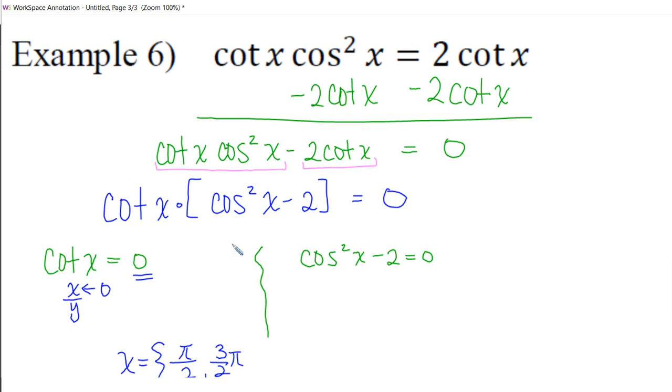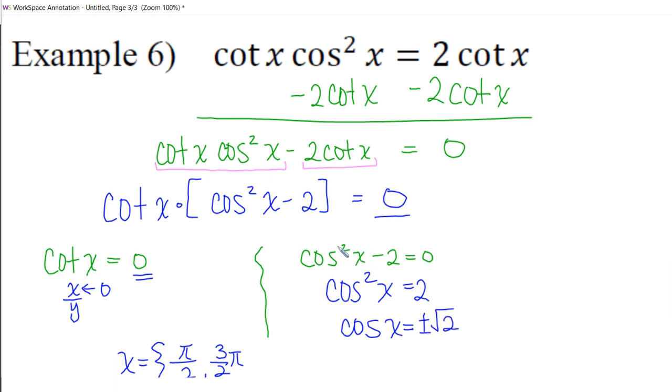Now before I close the bracket, I'm going to check on this side to see if we have any more x's that will give us an answer equivalent to 0. So cosine squared of x equal 2. Now if I square root both sides, that gives us cosine of x equal plus or minus square root of 2.